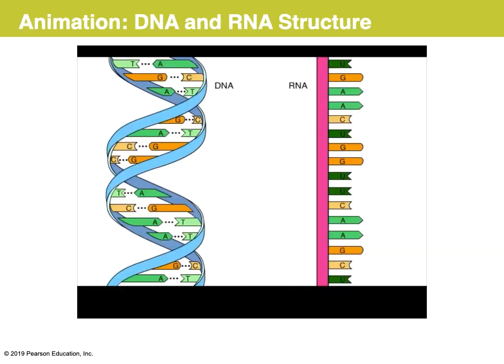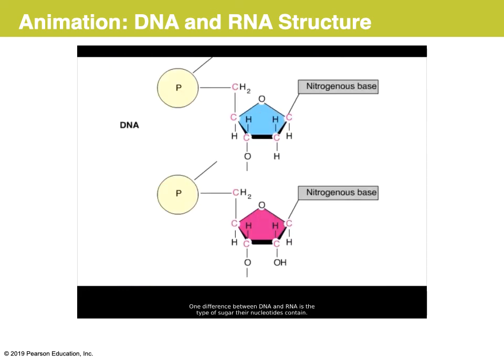Here's a brief video. DNA and RNA are nucleic acids, polymers made of subunits called nucleotides. One difference between DNA and RNA is the type of sugar their nucleotides contain. DNA contains the sugar deoxyribose, while RNA contains the sugar ribose.